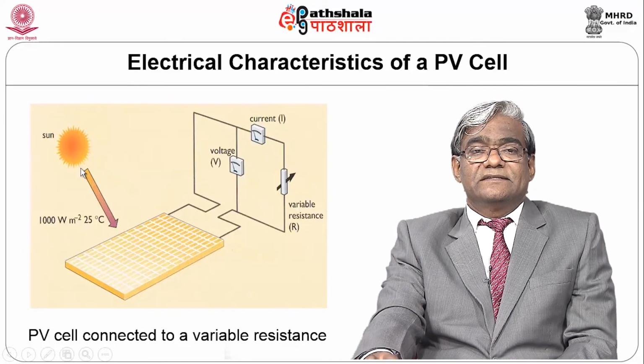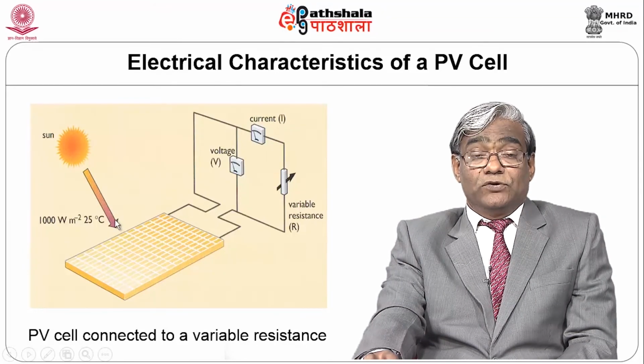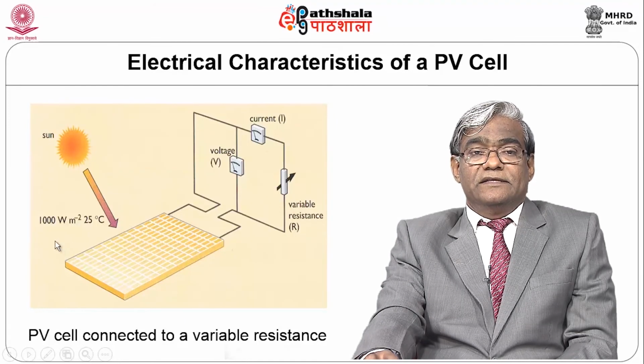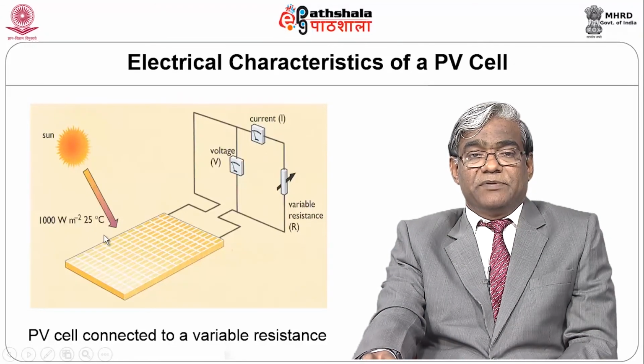The sun rays, the radiation, the photons are striking the solar PV panel, and the solar radiation may be 1000 watt per meter square, and maybe the atmospheric temperature is 25 degree Celsius.